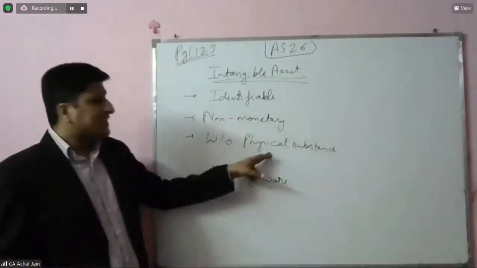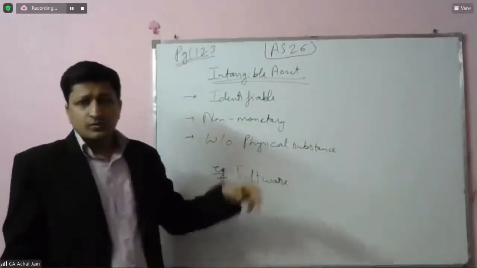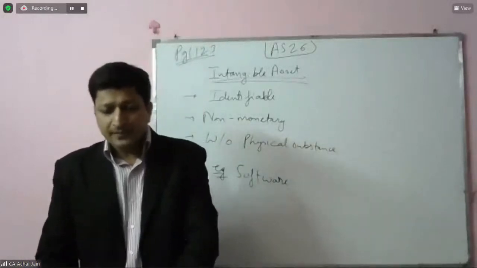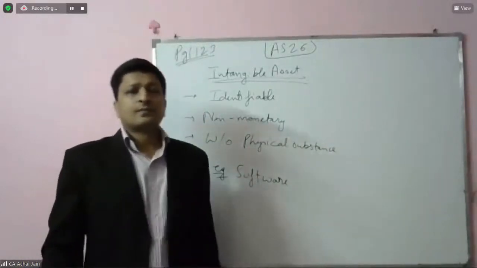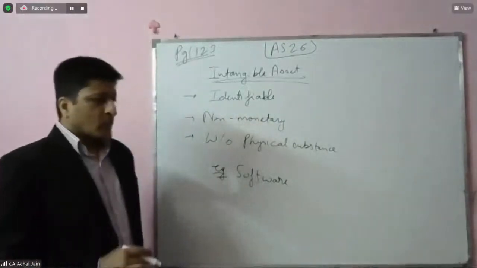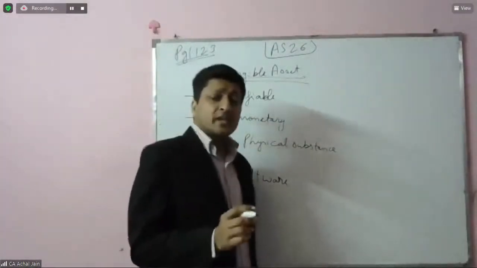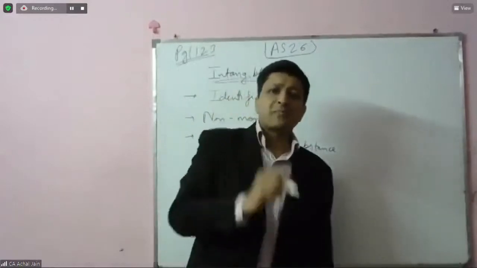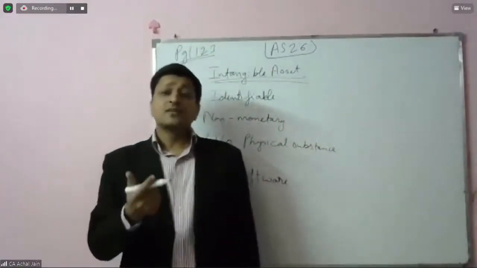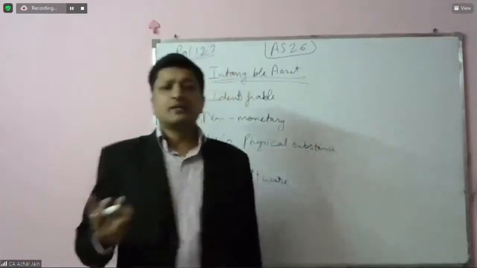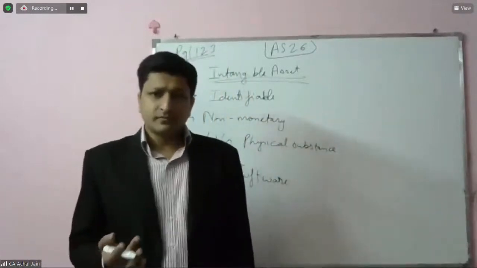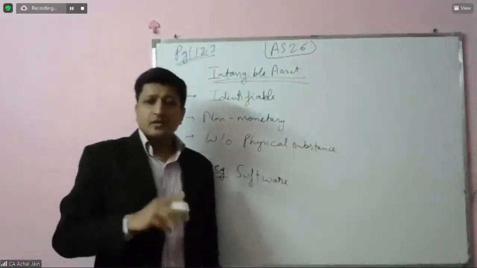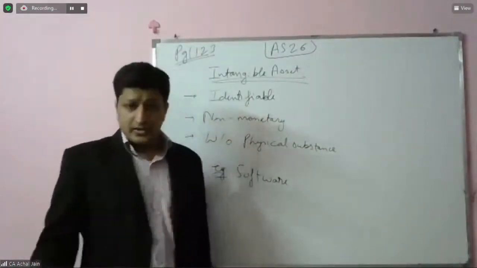Do we have any physical substance? No. In a software, physical substance is always missing. So physical substance means something which is tangible in nature. For example, a laptop, building, plant or machinery, which are tangible in nature. Software is not tangible in nature.